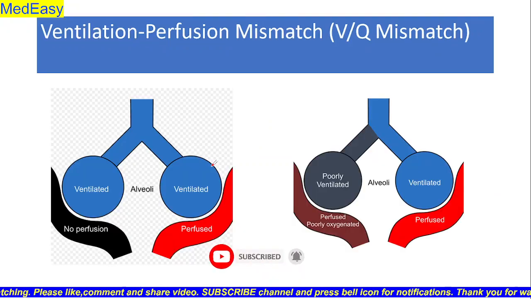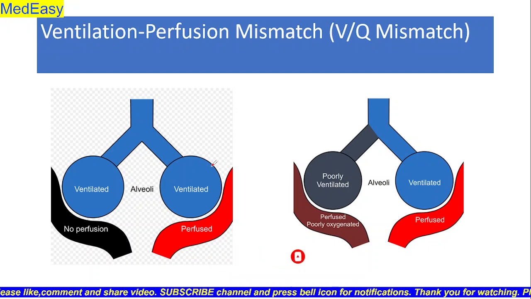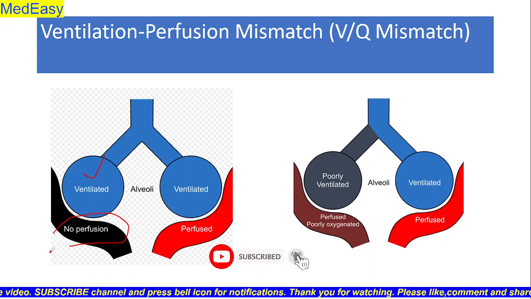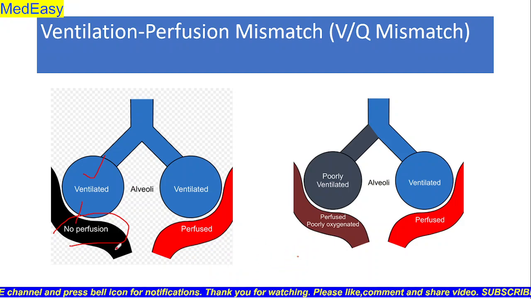So, what happens in VQ mismatch? In ventilation-perfusion mismatch, here you can see this alveolus is well ventilated, but there is no perfusion. I mean no blood is going to that part. So, this will be VQ mismatch. In another, it is well ventilated and well perfused, so the ventilation-perfusion will be matching.